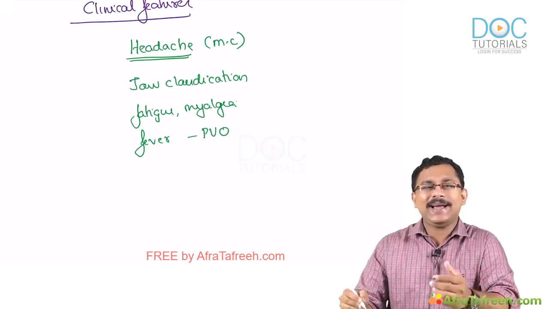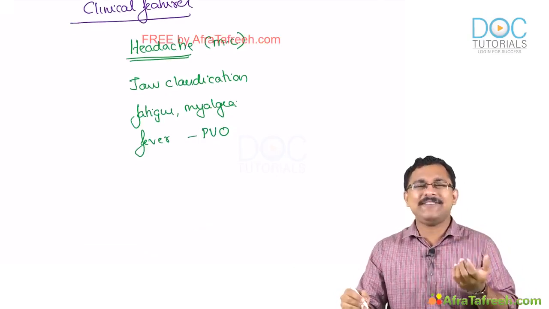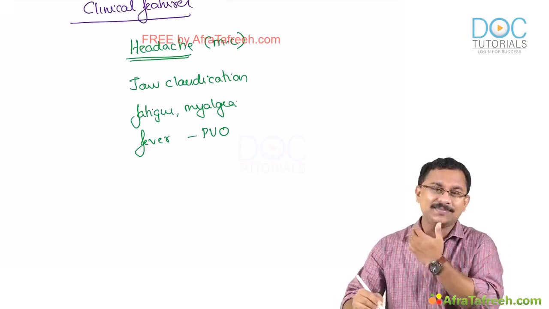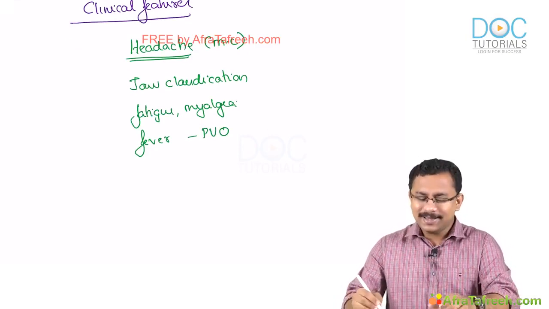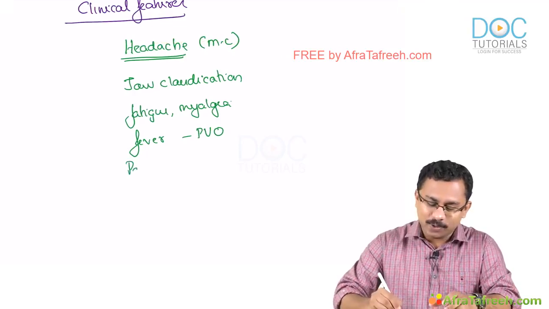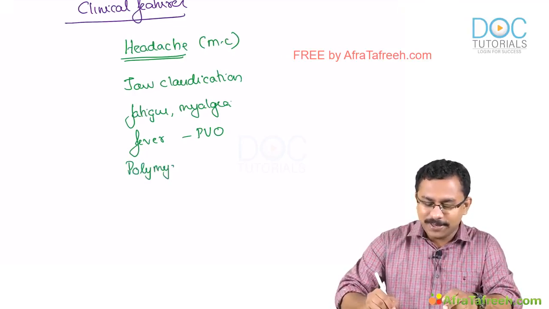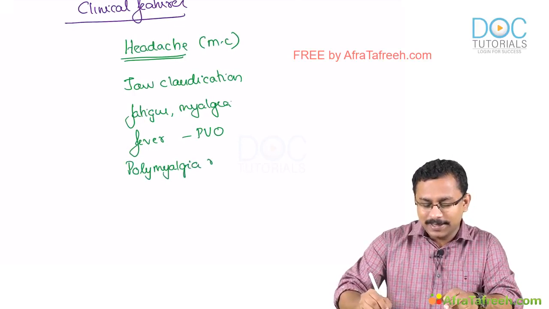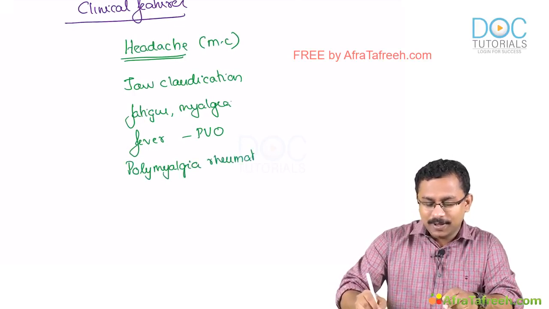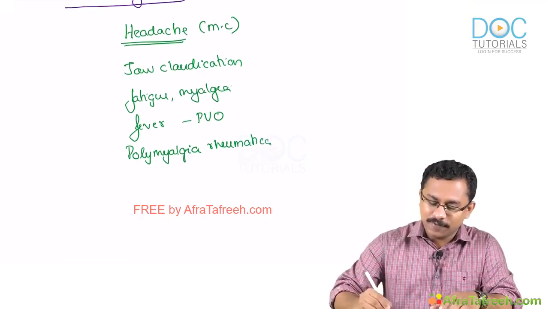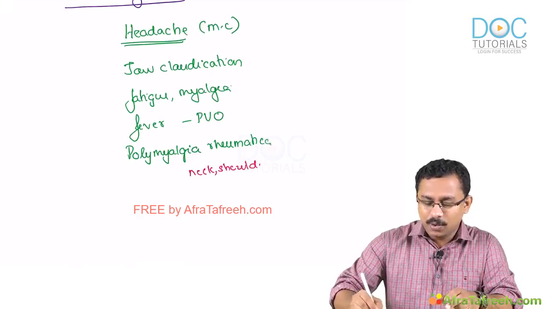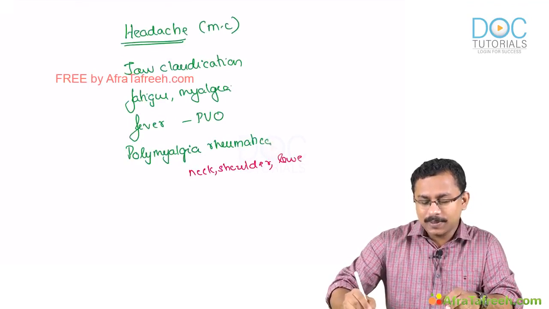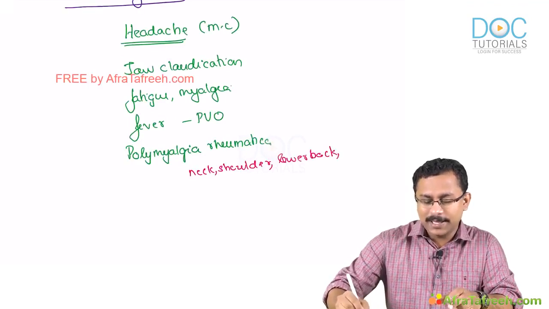And then you might have vague stiffness in the neck, your shoulders, your hip, your waist, lower back. This is known as polymyalgia rheumatica, where you have stiffness involving your neck, shoulder, lower back, hips and thighs.